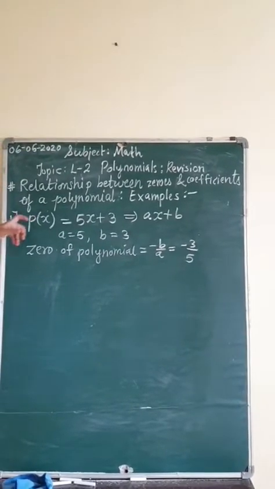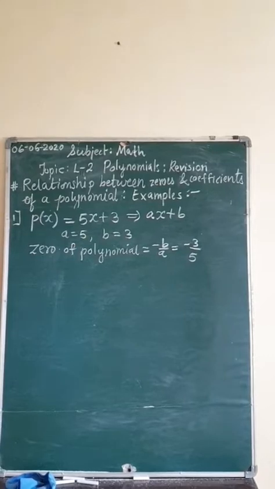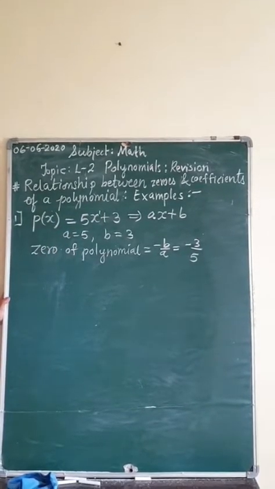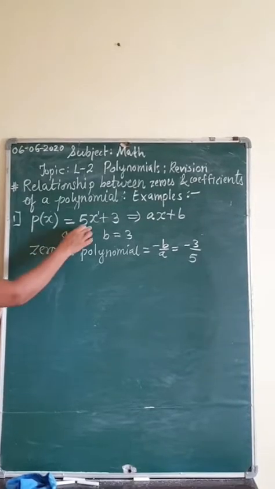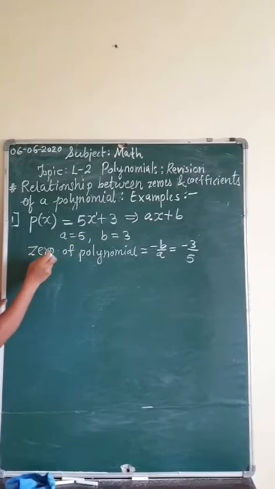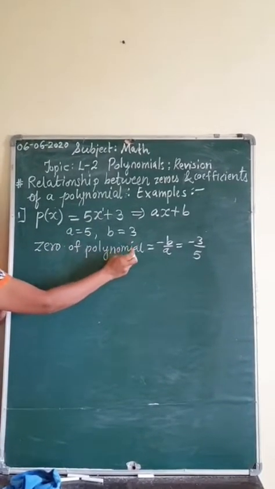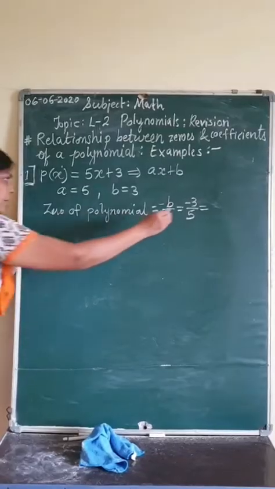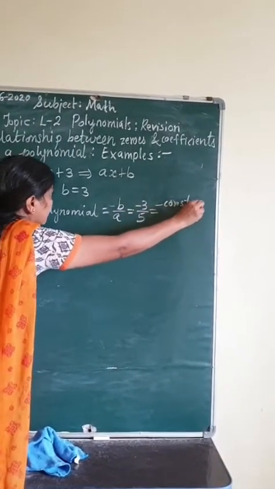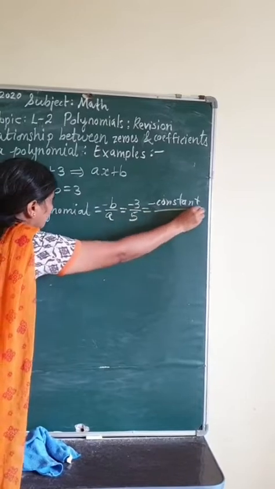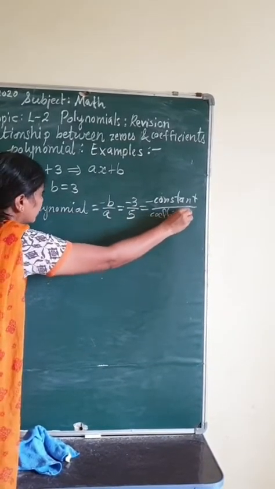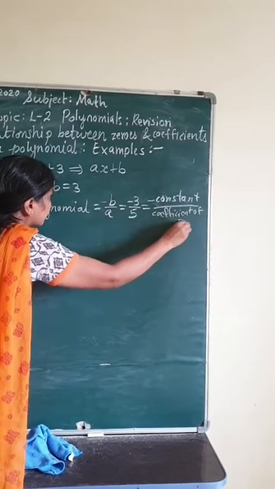So in this linear polynomial, linear why? Because the power of variable x is 1. And that's why this is the linear polynomial. There we are showing the relationship this way. At zero of a polynomial, we directly get equal to minus constant upon coefficient of x.